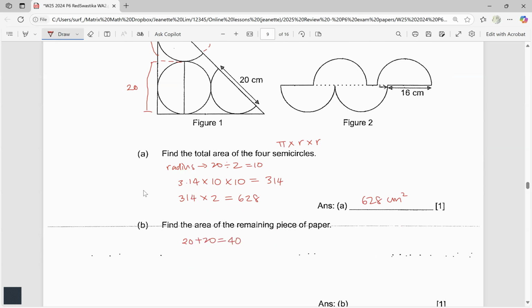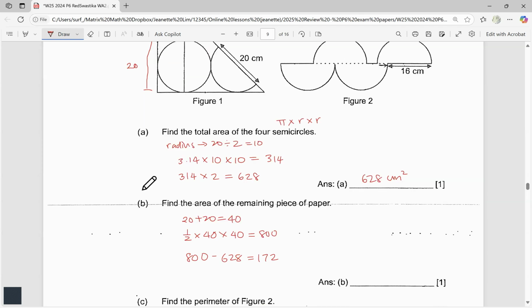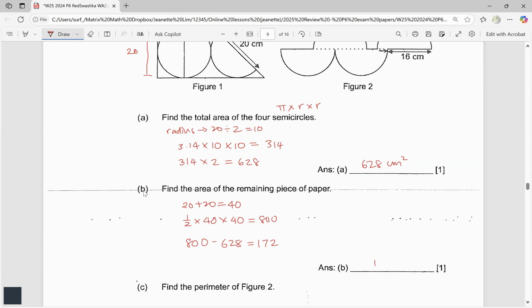So the triangle is half times 40 times 40, which is 800. The triangle minus the 4 semicircles, which is 628, and you get 172 square cm.